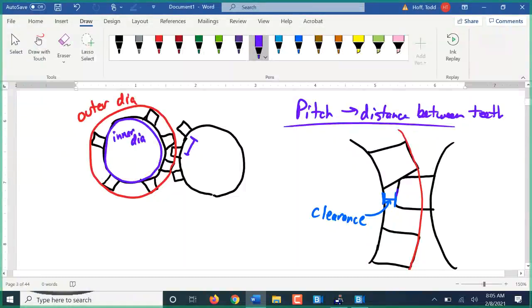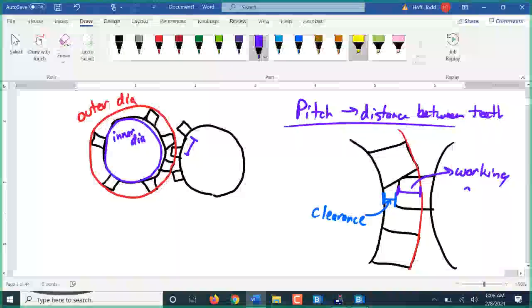From the tip of the tooth to the outer diameter. Now the tip of the tooth of the other gear to the outer diameter of that gear. That is called the working depth. In other words, that's how far that tooth penetrates the outer diameter of the other gear.